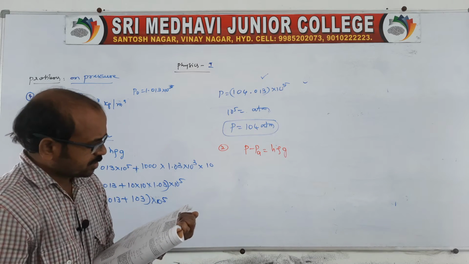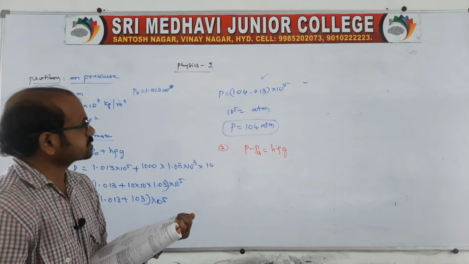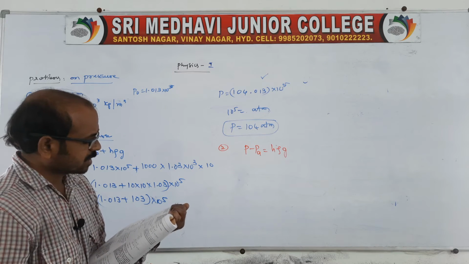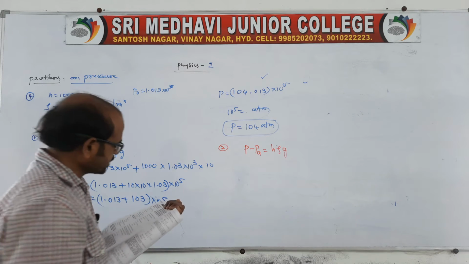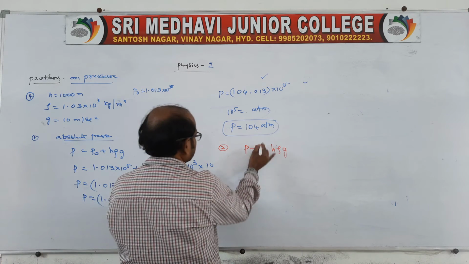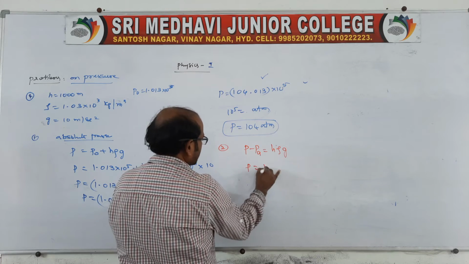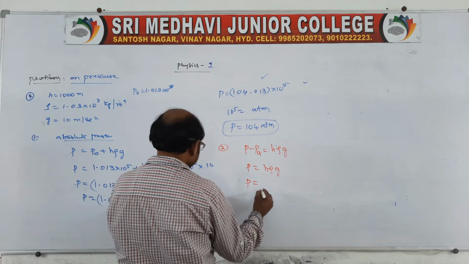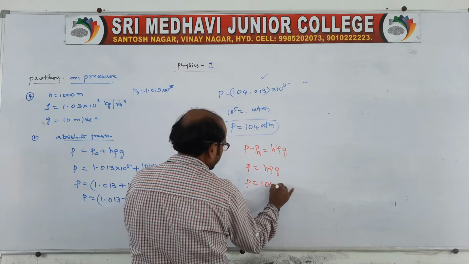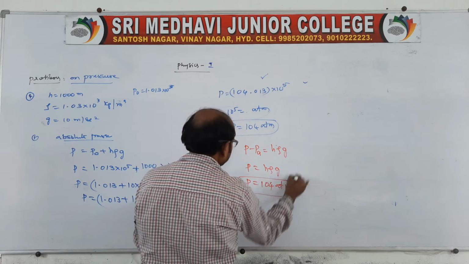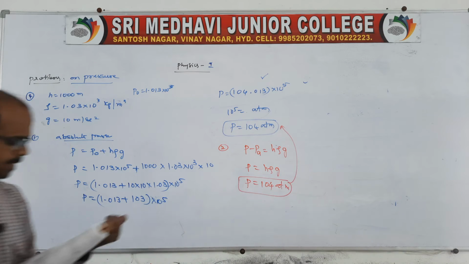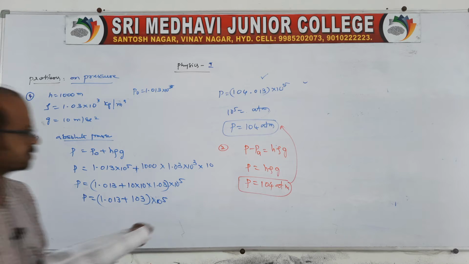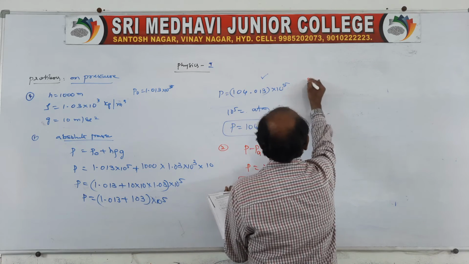We already know the pressure is 104 atm. So directly we can write it as 103 or 104 atm, from the above only. Clear? And the third one, C.